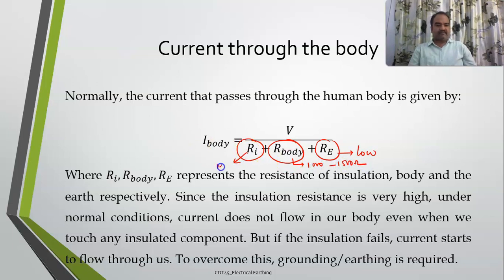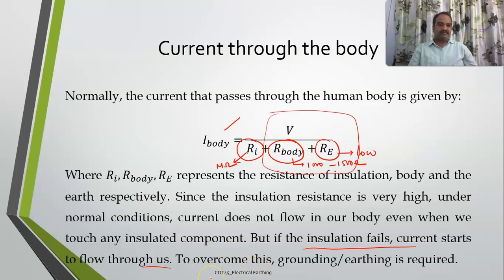The resistance of the insulation will be in mega ohms. So the insulation resistance always protects us. But if the insulation fails, then a significant amount of current will flow in the human body, which we call a shock.